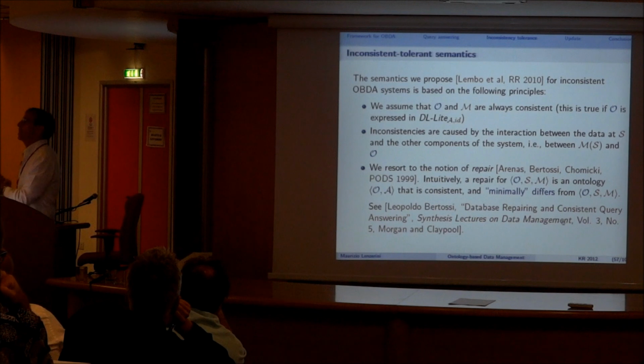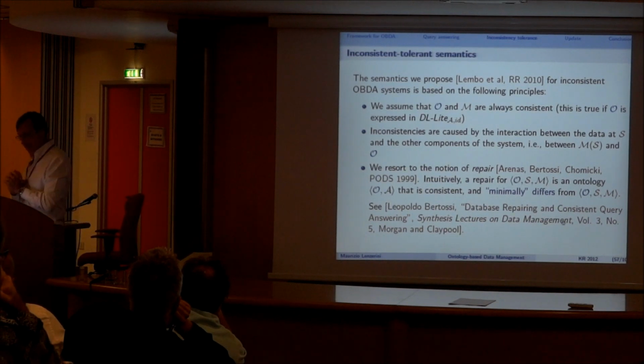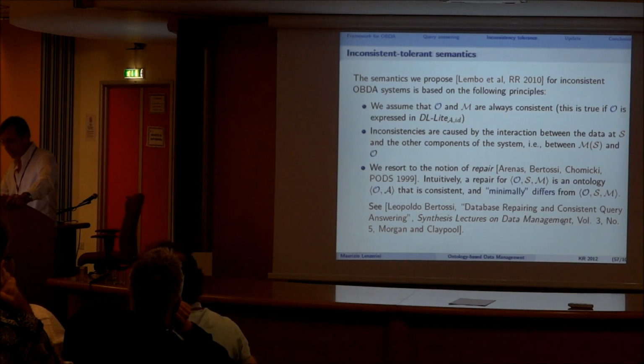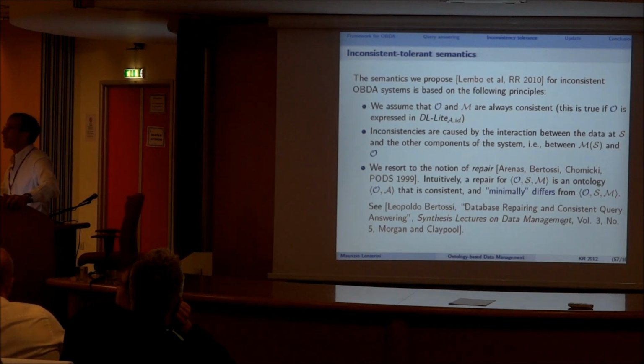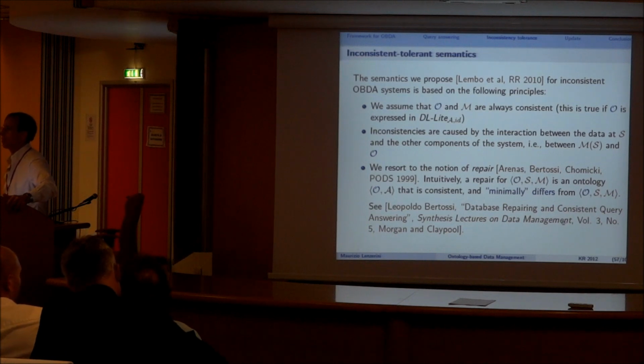So what we did is to try to apply an idea from database theory, in particular the notion of repair, to deal with this problem. If you are interested, I can obviously point to the various papers we are writing on this subject. The main point is that with a particular semantics for inconsistency-tolerant query answering, you can still rewrite in first-order logic when you have a DL-Lite ontology and conjunctive queries as the language of queries.